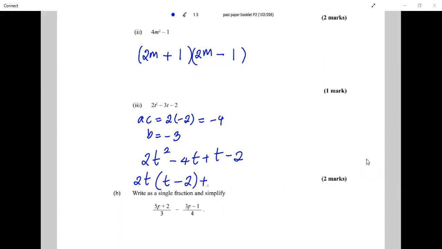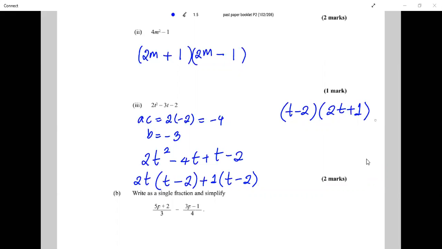Plus, to the right, when there is no common factor, the common factor is 1. And of course, in the bracket, you must have t minus 2. 1 into t is t, 1 into minus 2 is minus 2. Common to both sides is t minus 2, so I'm going to have t minus 2. And in the next bracket, I'm going to have 2t plus 1.